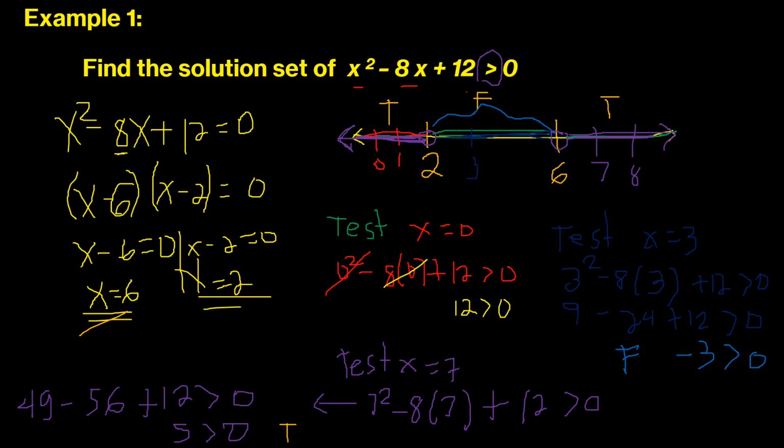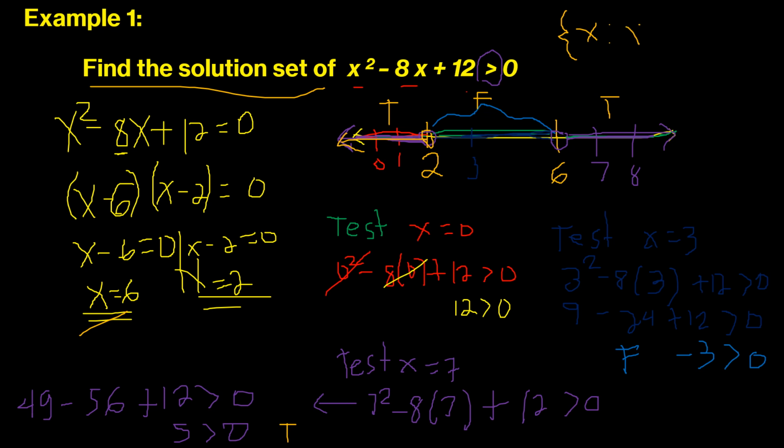Now, we may describe the solution set. So we have x in set notation, x such that, how are we going to describe the numbers at the left of 2? They are the numbers which are less than 2.